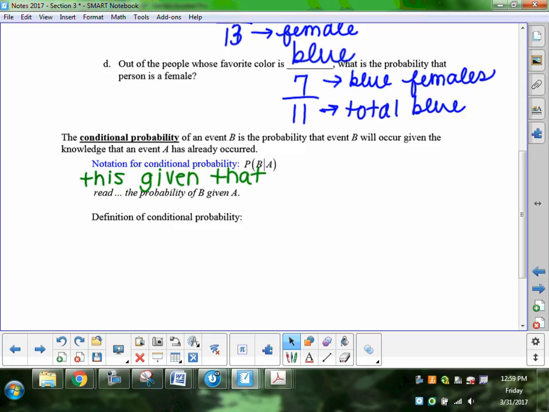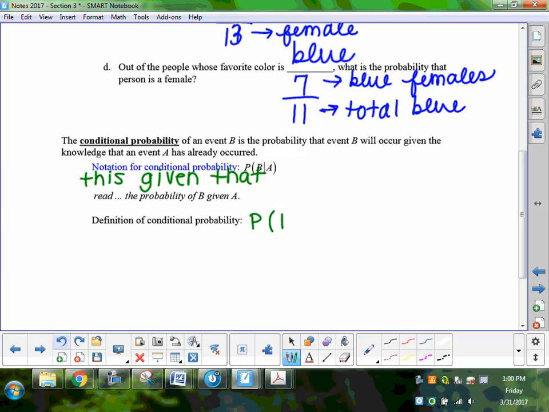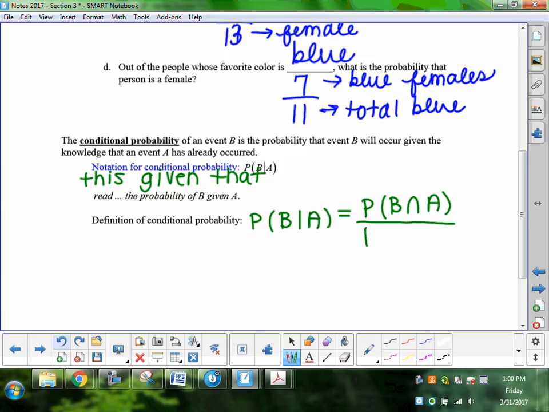Now, the formula for conditional probability: the probability of B given A is going to be the probability of B and A both happening, or the number of times B and A both happen, over the total number of times event A happens.